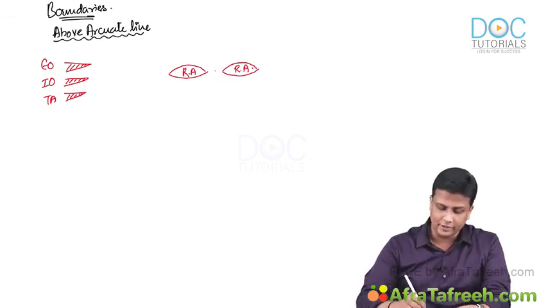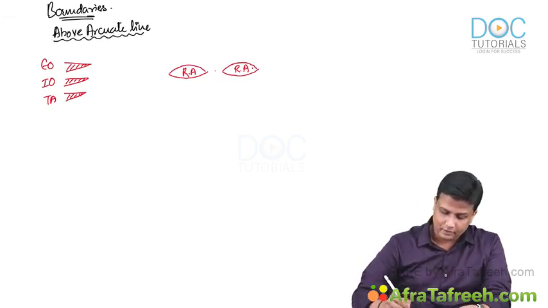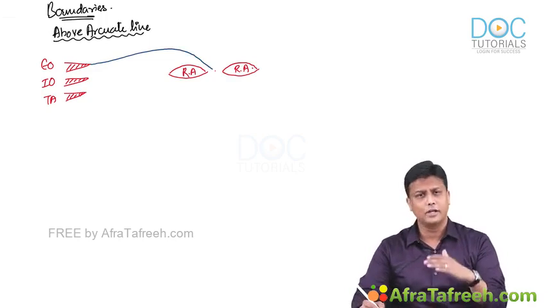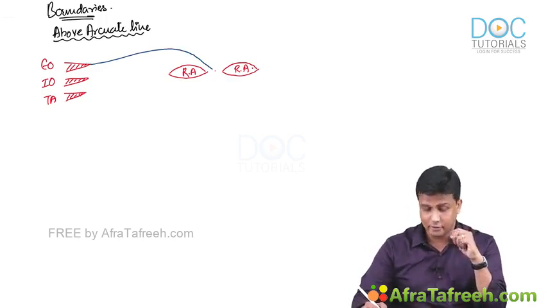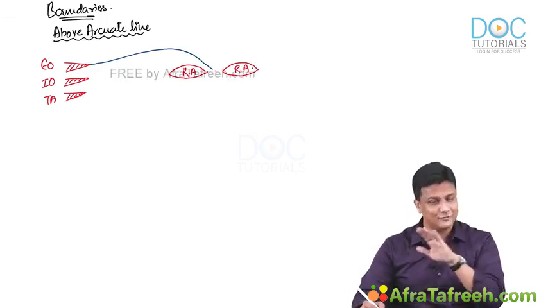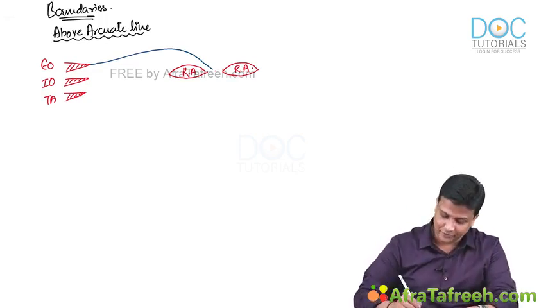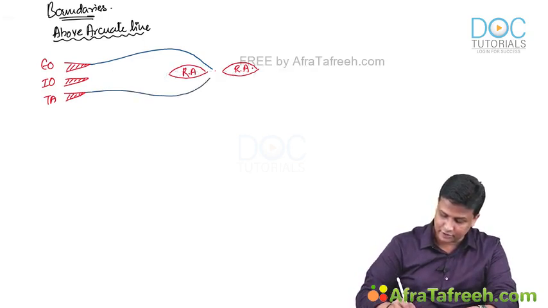Now what's happening above the arcuate line is external oblique aponeurosis will be going anteriorly. Don't say it is going above, it is not like superior. We are actually taking the section in transverse section guys. It is going anteriorly. Transversus abdominis aponeurosis will be going posterior to rectus abdominis.